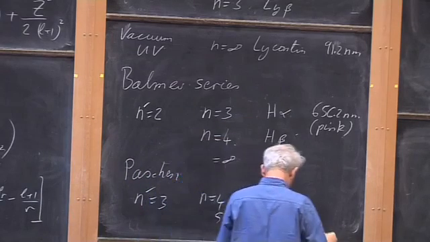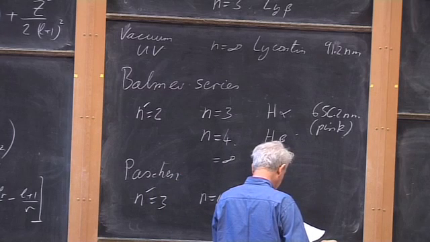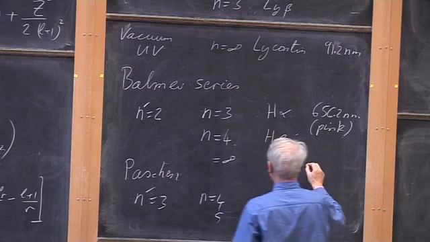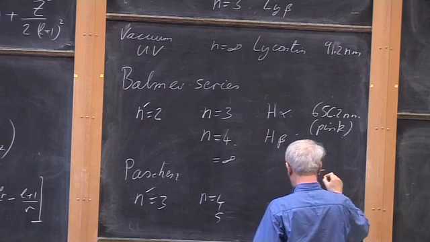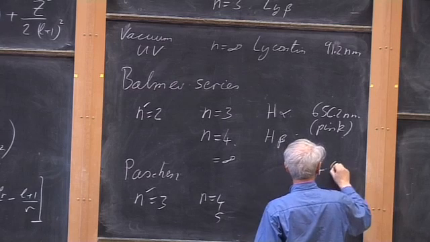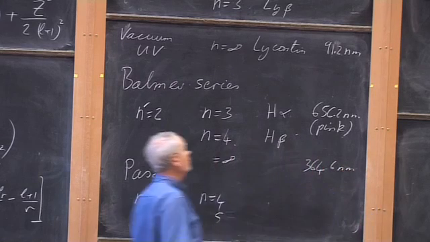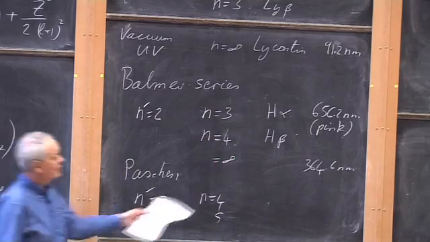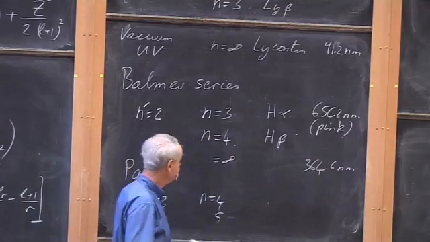Where's the series limit? I did write it down here. 364.6 nanometers. So they go from pink light right through the rest of the optical spectrum to the ultraviolet region.